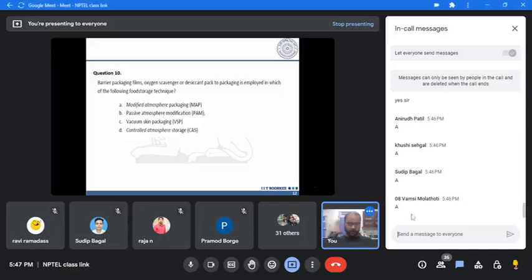Okay, you can answer. So Sudeep, Kusi, Anirudh are saying A, modified atmosphere packaging. Good.